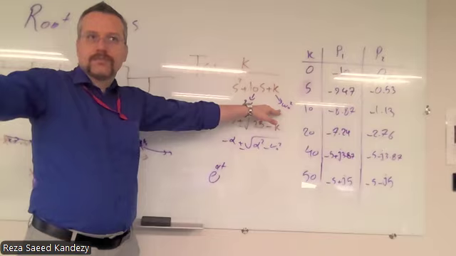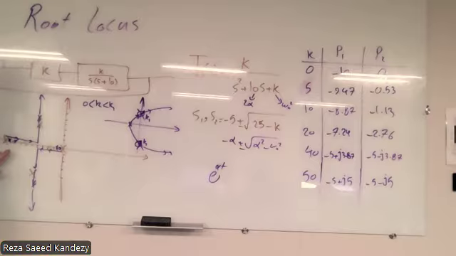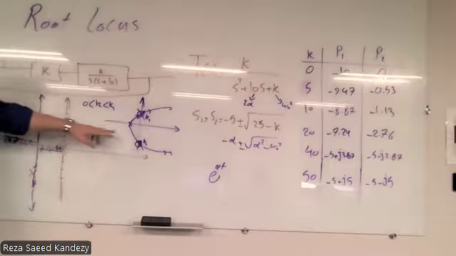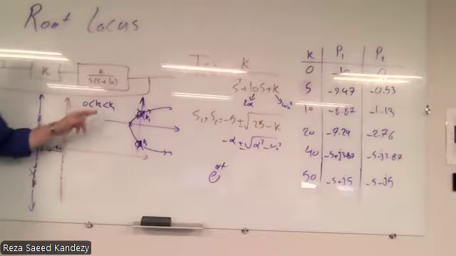Make sense? So this analysis not only gives you the ability to run a stability analysis when you have a variable in your system, but also the ability to design your system so that under any type of condition, under any type of forced input, you remain stable. You want to design it in a way that K never goes over K1.